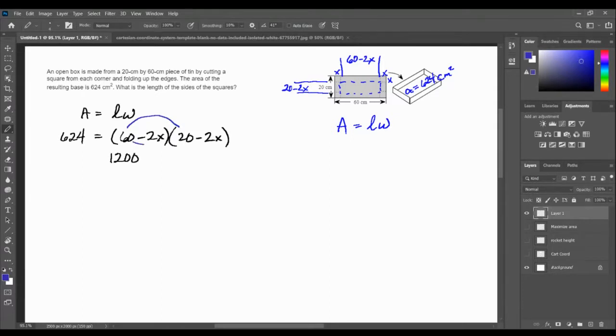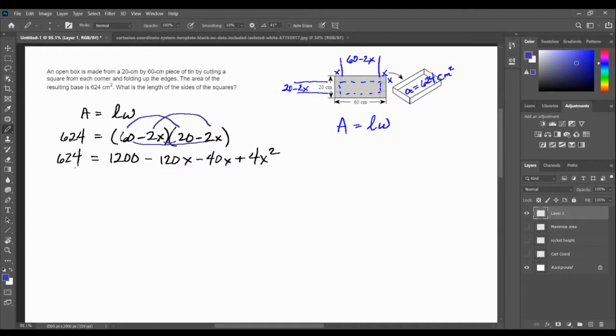Then outside, 60 times negative 2x is minus 120x. And inside, negative 2x times 20 is minus 40x. And last, negative 2x times negative 2x is a positive 4x squared. And that still equals 624.